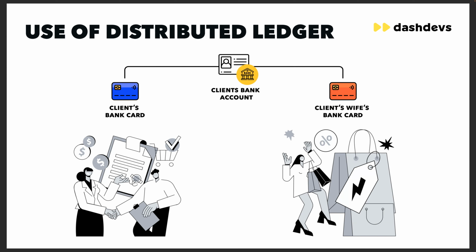And at the moment when they're shopping, when they're paying at the same time at two different places, what usually happens in traditional banks or non-distributed ledger systems is that you basically cannot do that. The first transaction is processed, but the second transaction is pending until the first transaction is processed.